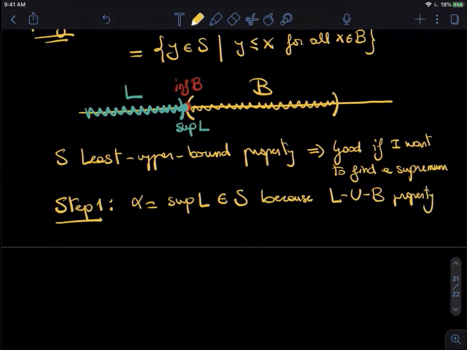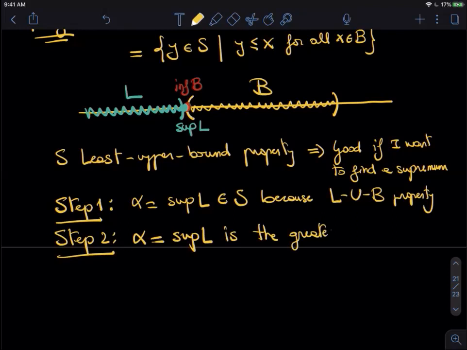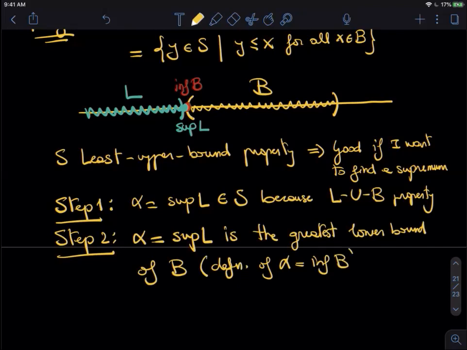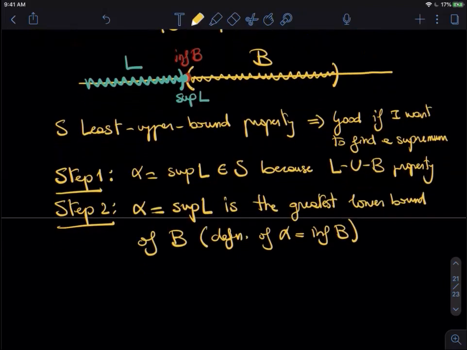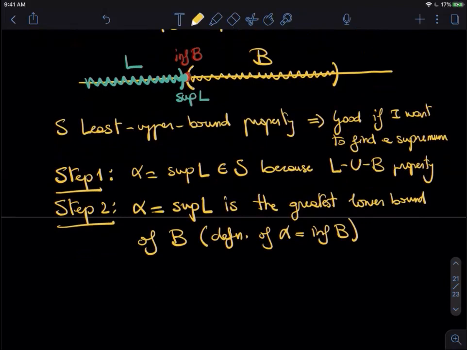And step two is showing that alpha, the supremum of L, is the greatest lower bound of B. That is the definition of alpha being the infimum of B. So these are the 2 steps we are going to take.